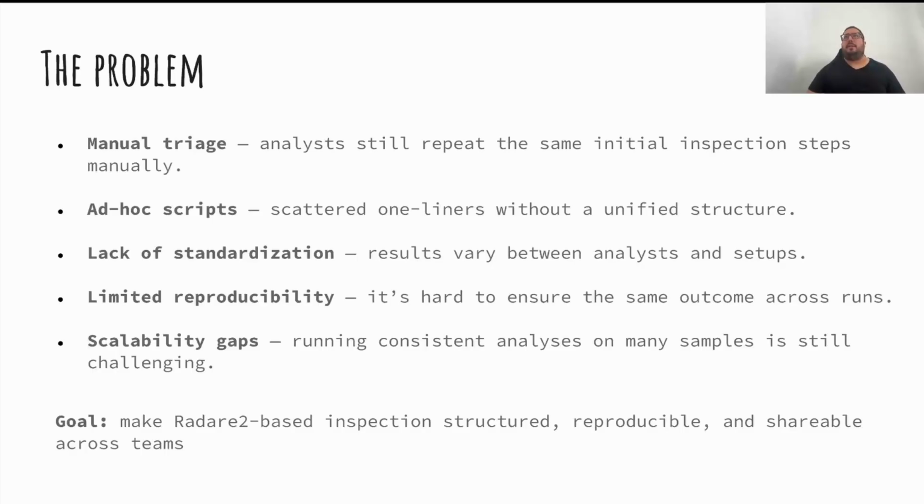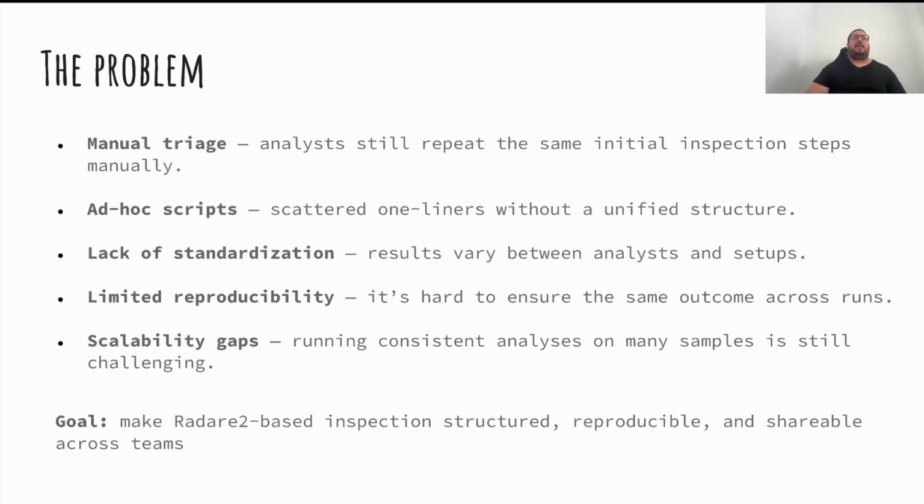where at the end of the day I was doing a lot of manual triage, repeating the same initial inspection steps manually. For example, checking headers or hashes, or maybe even similarity and stuff like that.